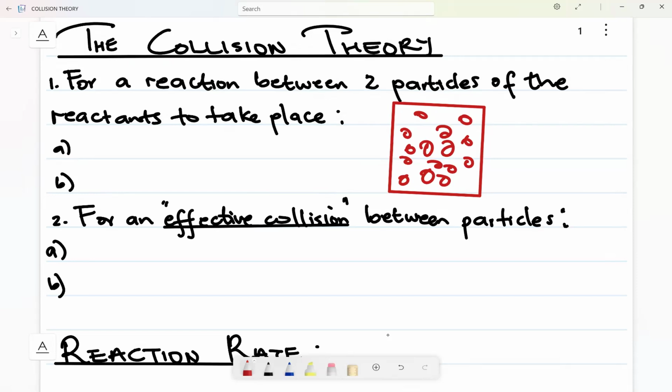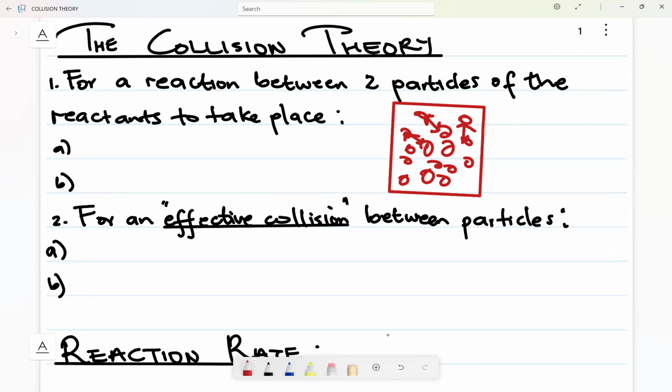For a reaction between particles, they should collide so that the reaction can occur. If they are stationary like this, or they are not moving, there's no reaction, right? So for a reaction to occur, these need to collide.